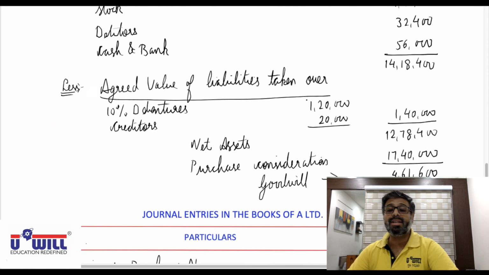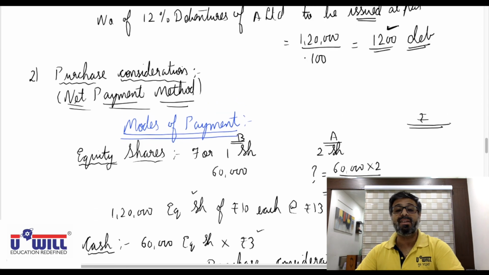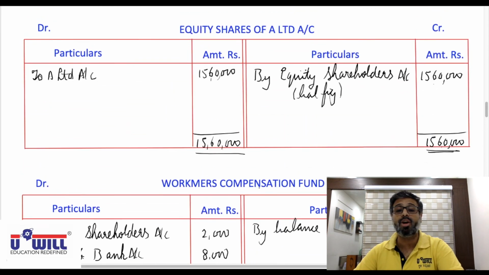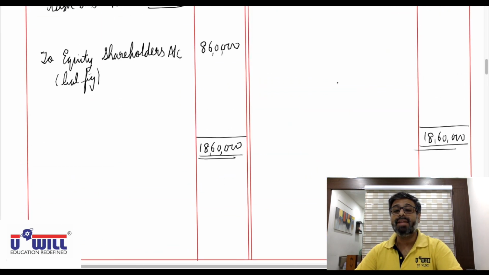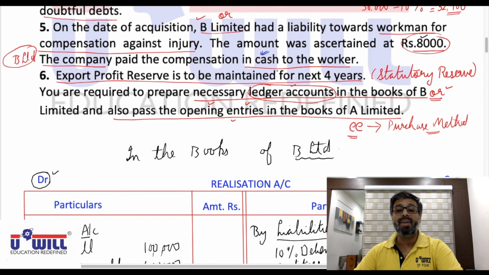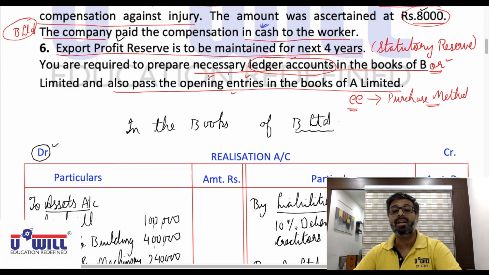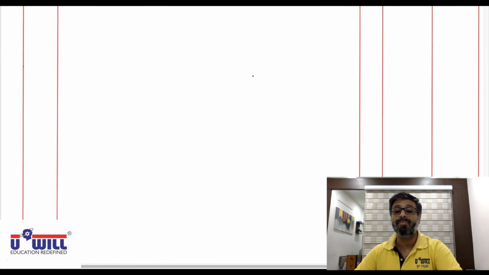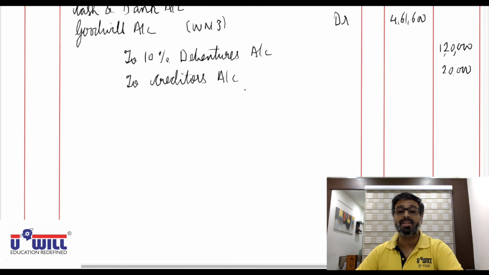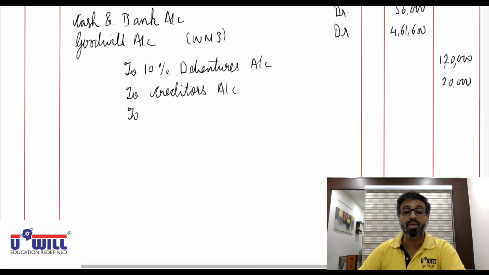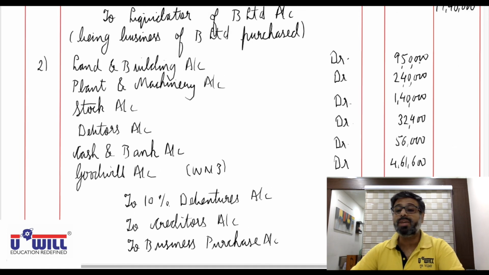For statutory reserve, that is export profit reserve, will be passing a separate journal entry altogether. Okay, that statutory reserve of export profit reserve is not to be included in this journal entry. Okay, so two liabilities excluding reserves, and then to business purchase account. Okay, to business purchase account, you will close with what amount?